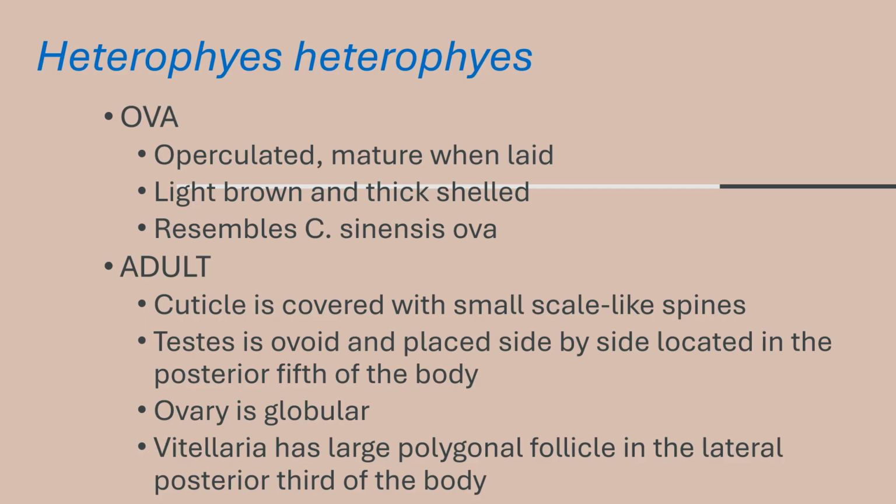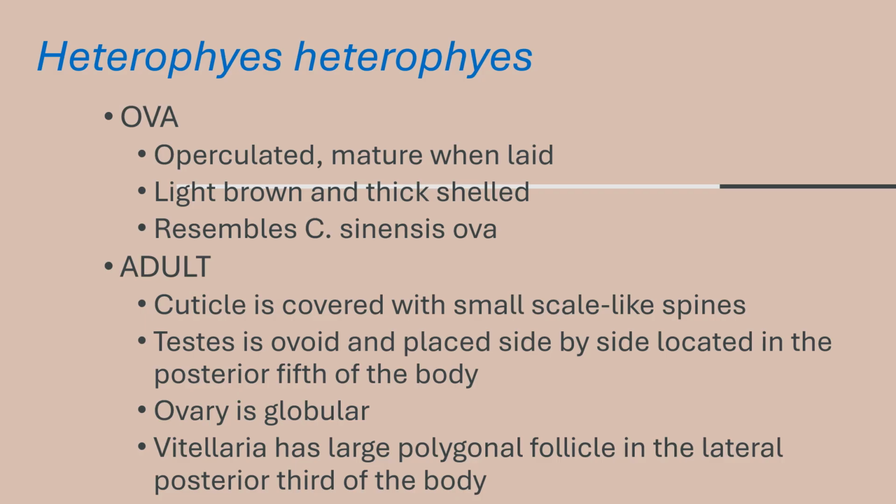As for the adult, Heterophyes has a cuticle that is covered with small scale-like spines. The testes are ovoid and placed side by side, located in the posterior fifth of the body.